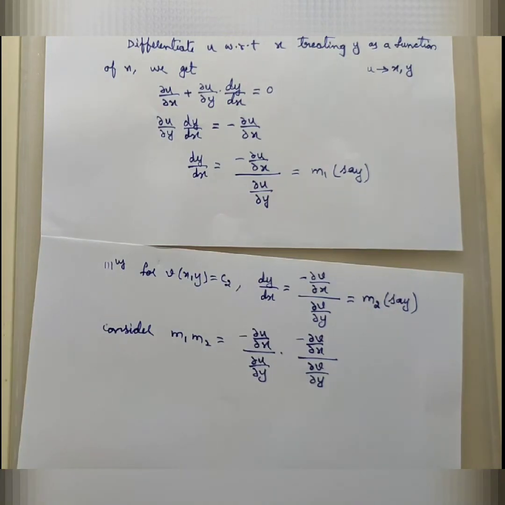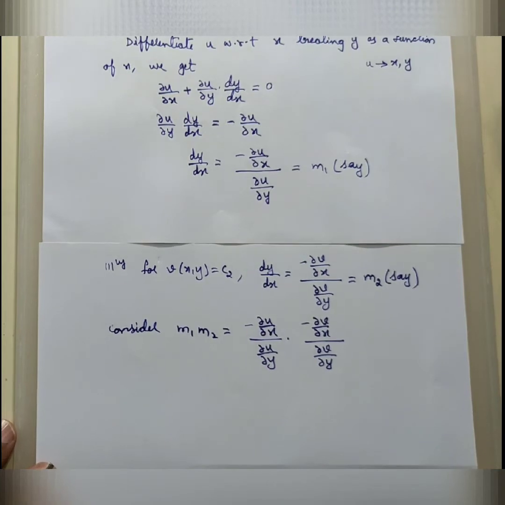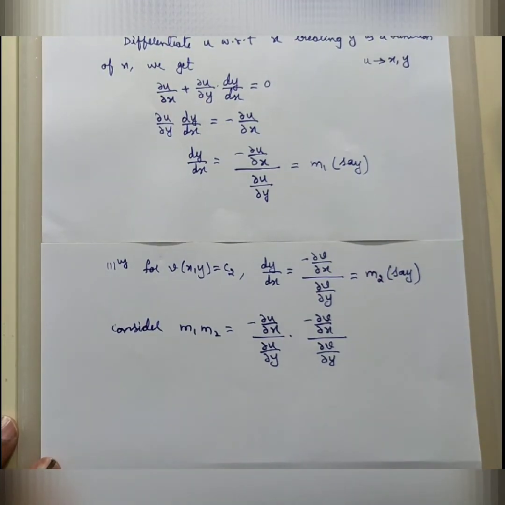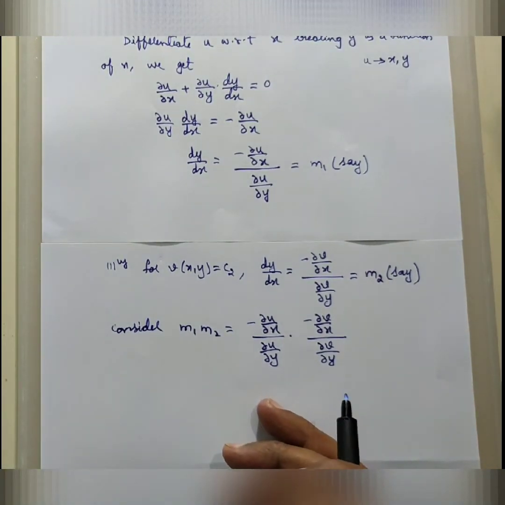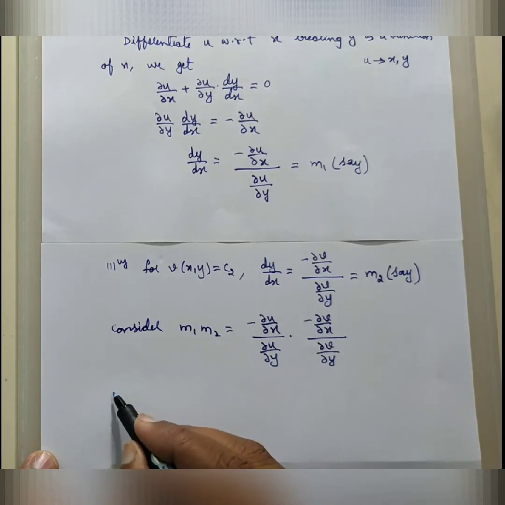Now if you go back to the statement, it is given that f of z is analytic. So if f of z is analytic, then u and v have to satisfy the Cauchy-Riemann equations.